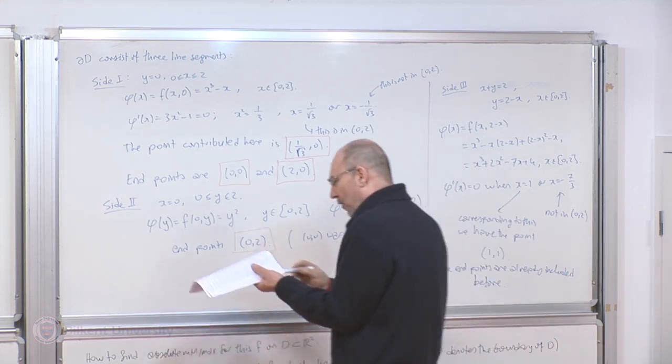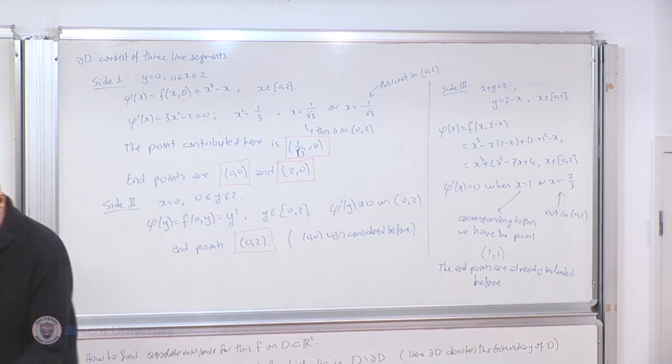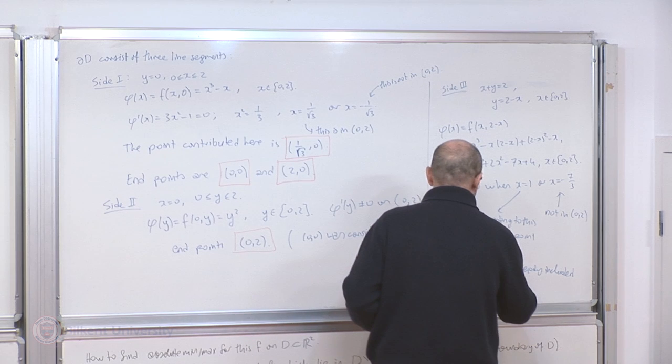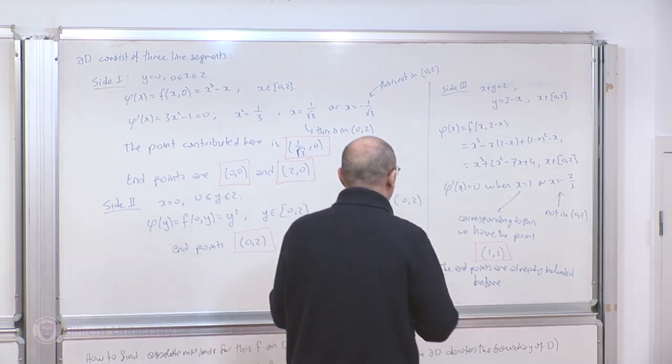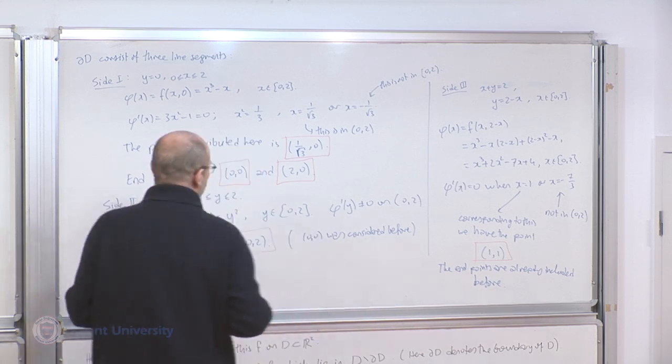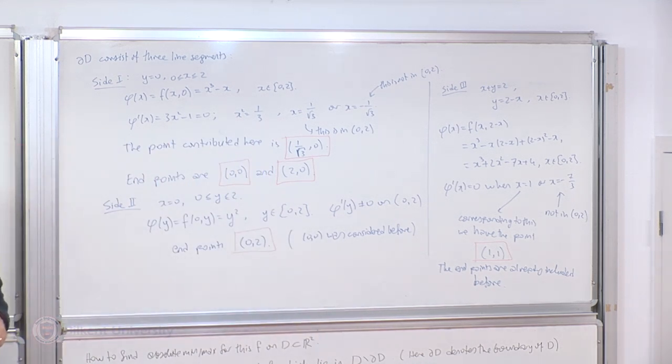So we don't have any new contribution from this side. The only contribution this side gives is this point. Now you see we have these 5 points, which are candidates for minima and maxima.